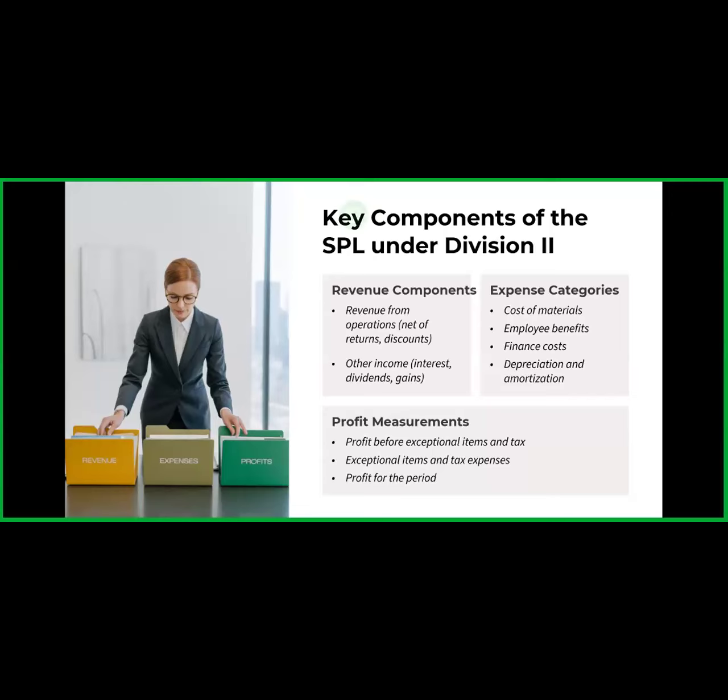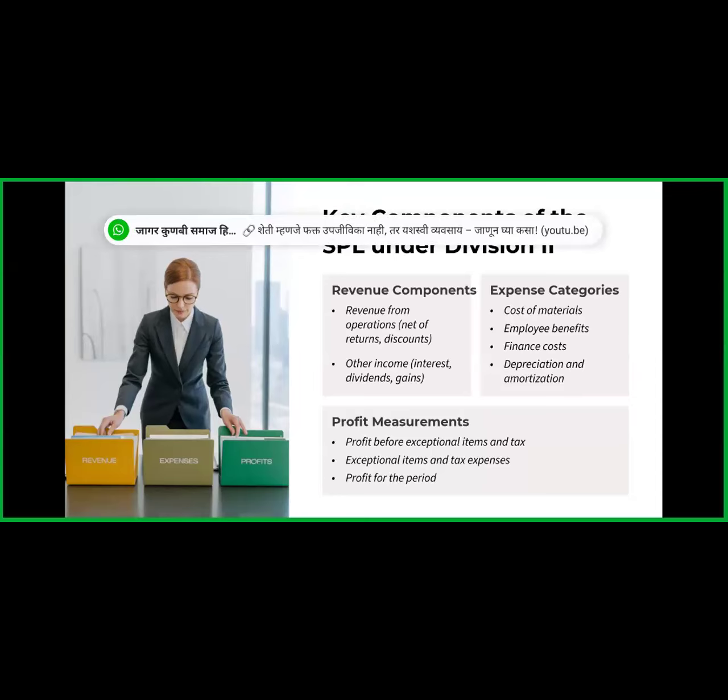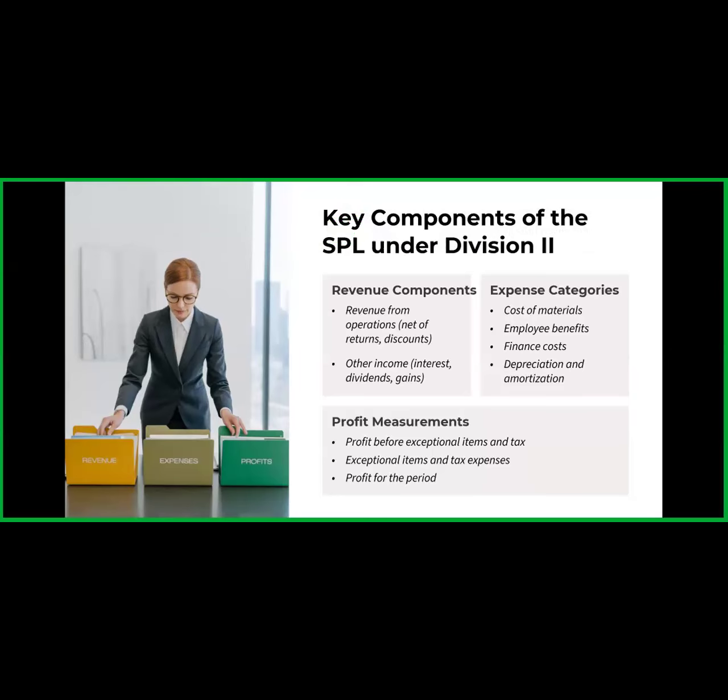Now, next part is the profit measurement. If we subtract the expenses from the revenues, then we get the profit. So how must the profit measurement be done while preparing the profit and loss account?